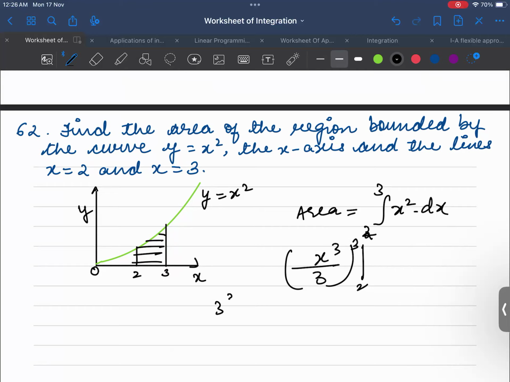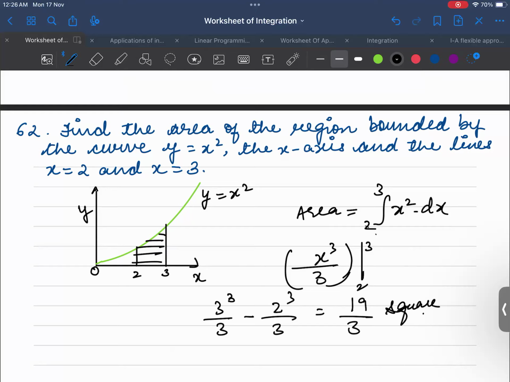Keeping x equals 3, 3 to the power 3 upon 3, minus, keeping x equals 2, 2 to the power 3 upon 3. The answer would be 19 upon 3 square units. I think it's clear to you all.